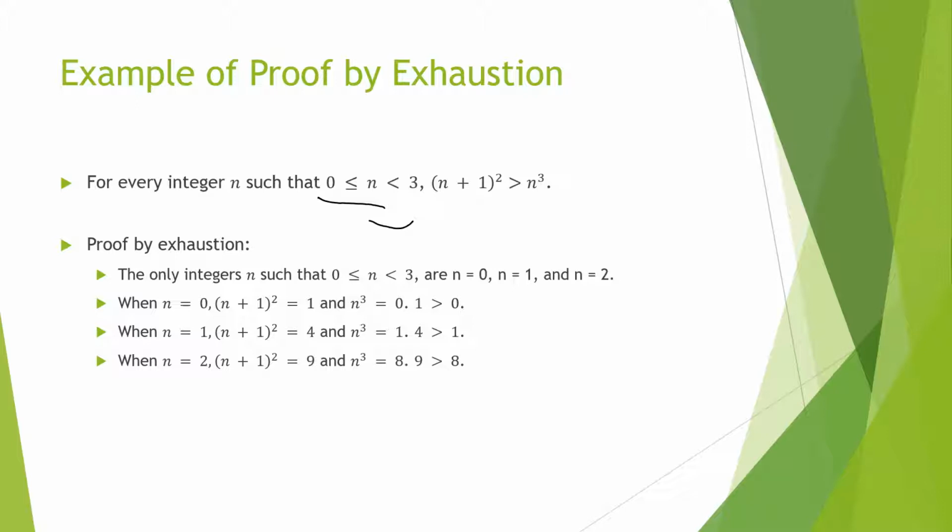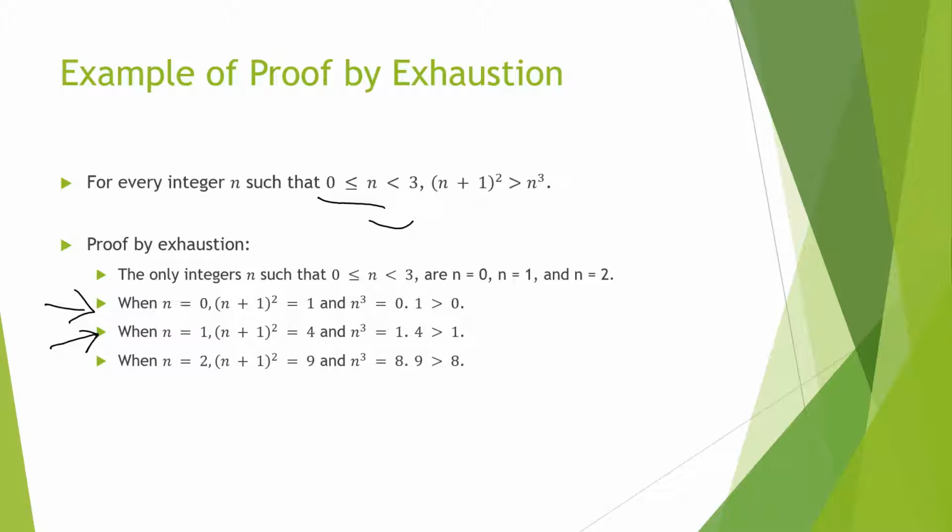As you see here in the proof by exhaustion, we need only 3 statements. When n is 0, then (n plus 1) squared is (0 plus 1) squared, which is 1, and n cubed is 0 cubed, which is 0. And since 1 is greater than 0, the inequality is true for the first case. In the second case, when n is equal to 1, then (n plus 1) squared is (1 plus 1) squared, which is 2 squared, which is 4, and n cubed is equal to 1, and obviously 4 is greater than 1.